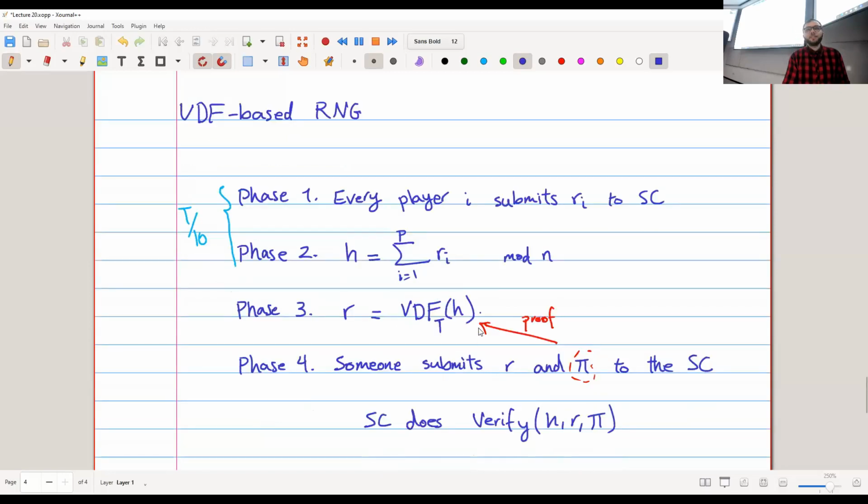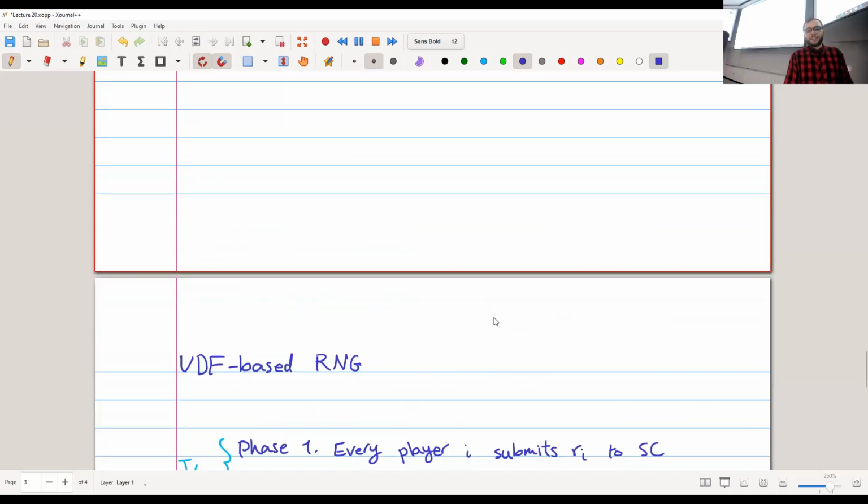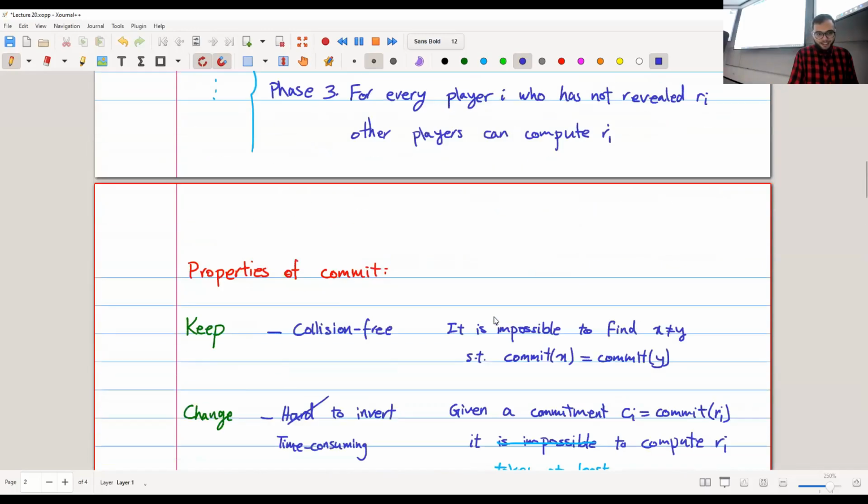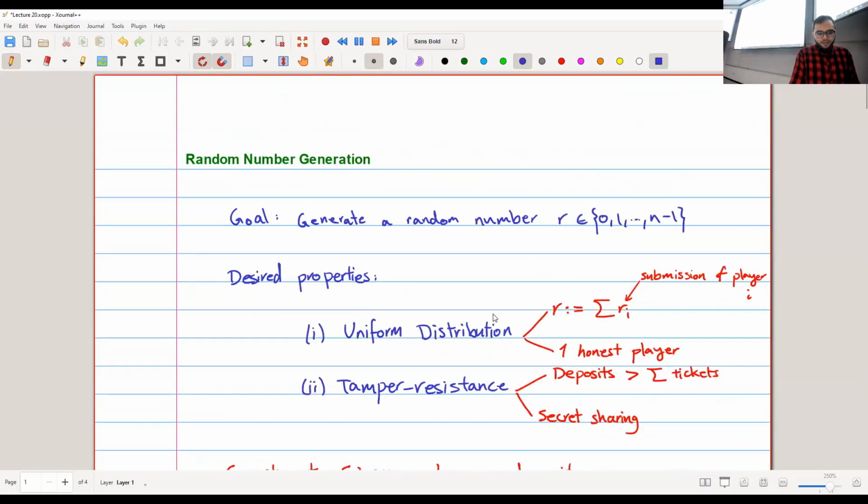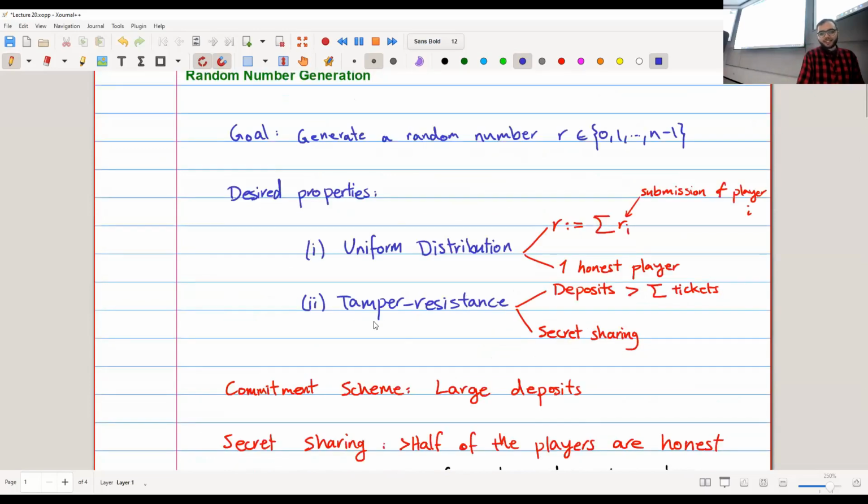So it seems we solved the random number generation problem, and we're out of time for this session as well. But actually, not really, unfortunately. We found a solution that gives us perfect tamper resistance, but somewhere along the way, we lost uniform distribution.